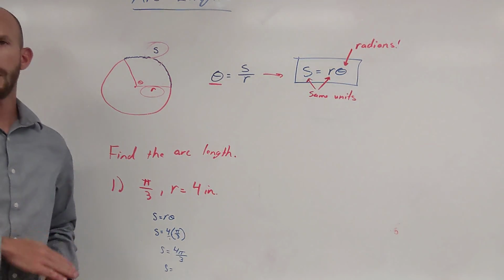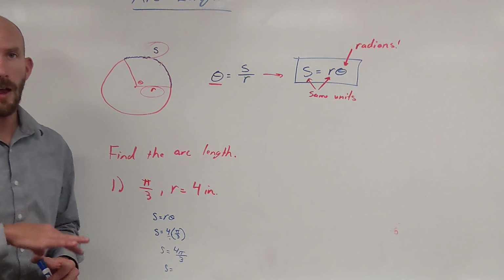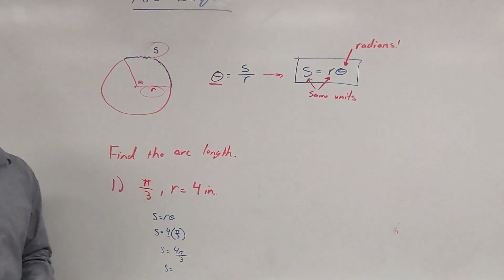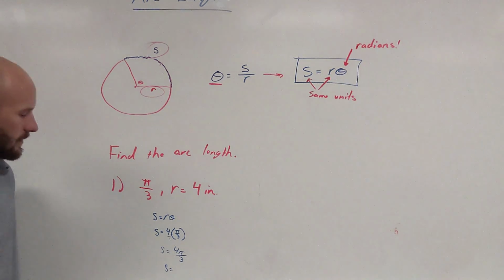Now again, this is one of those cases where I like to harp on keeping exact values whenever possible. But if I want an arc length in inches, does 4 pi over 3 inches tell me a whole lot? No. Go ahead and type that in and let's round to the nearest tenth.